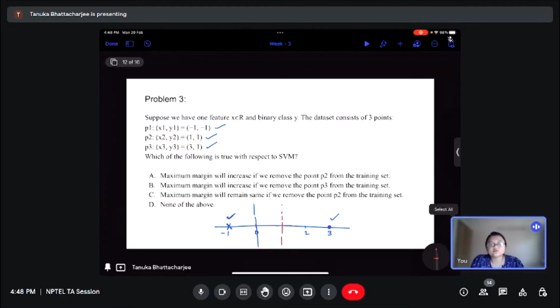So if you remove P2, your maximum margin will increase. Whereas if you remove P3 and keep P2 as it is, nothing will happen to your decision surface because P3 is not a support vector. But once you do some modification with P2, your decision surface will change as well as your margin. So here, option A is the correct answer.